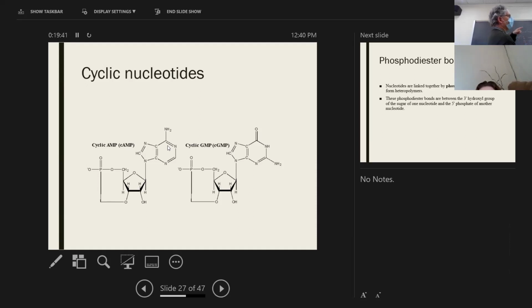So adenylyl cyclase makes cyclic AMP from ATP. Guanylate cyclase makes cyclic GMP from GTP. This is very important in the vascular system. In blood vessels, smooth muscles, cyclic GMP promotes vasodilation.